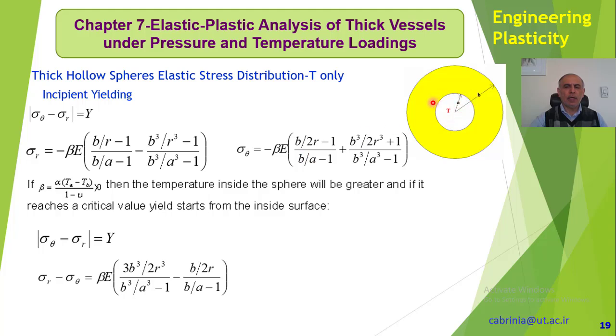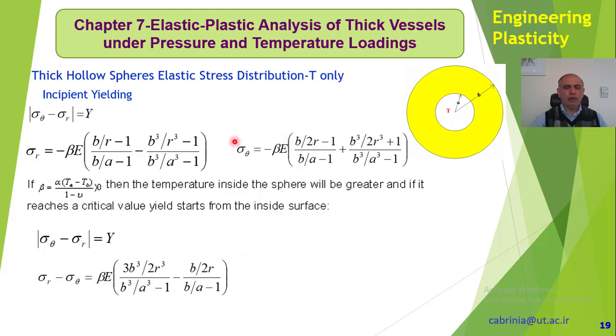So if Ta or Ti is increased to such an extent that these stresses increase such that sigma theta minus sigma R becomes equal to Y, then yielding starts. Okay, incipient yielding starts. Now we have this sigma R minus sigma theta equal to this.